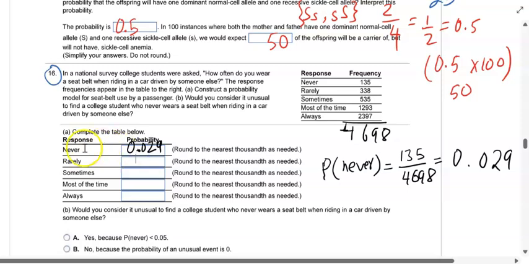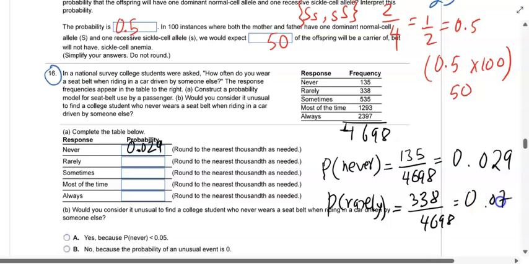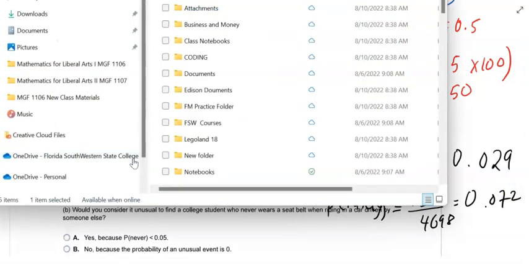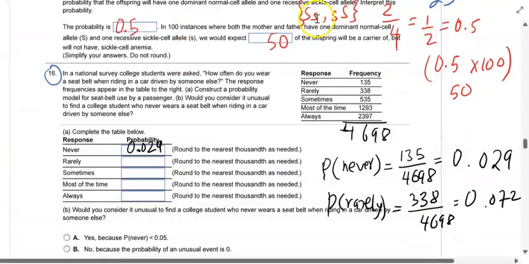Similarly, for the second box, to find the probability of rarely, you divide how many say rarely, 338, out of 4,698, which when you round it to 3 decimal places is going to be 0.072.